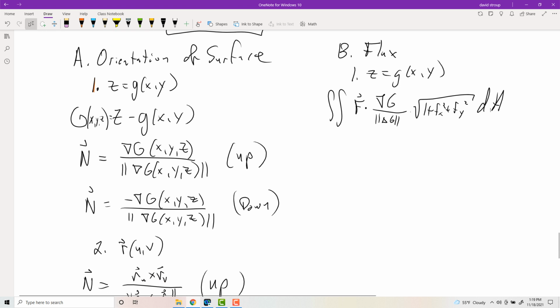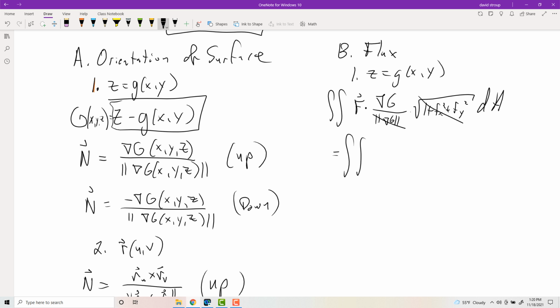But if you think about it, the magnitude of the gradient there is just the square root of 1 plus f_x squared plus f_y squared, because the z component of your gradient is 1, and then you have the partial derivatives of g with respect to x and g with respect to y.